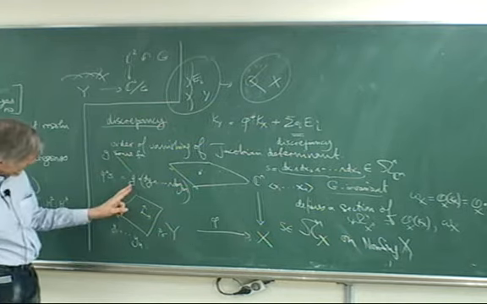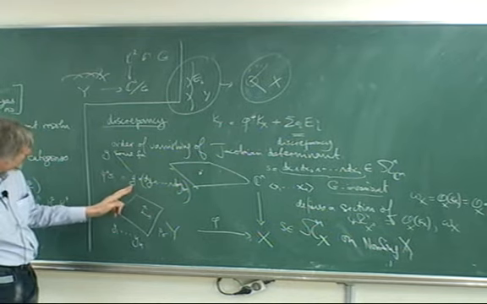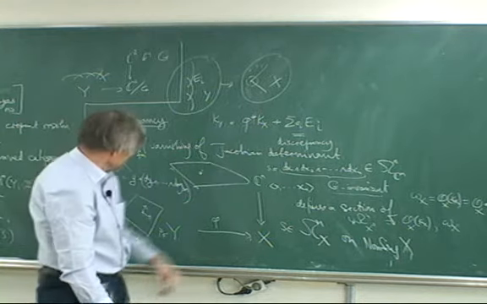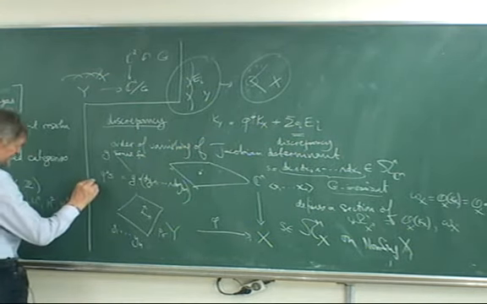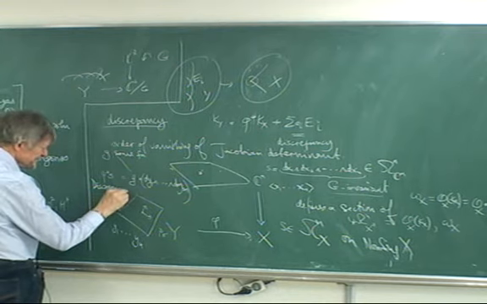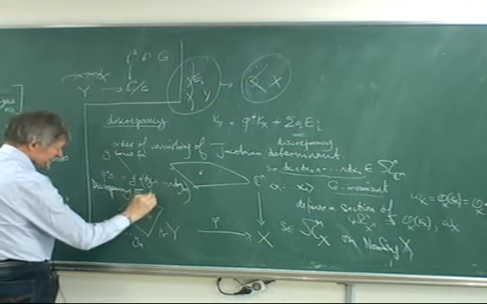But this g might vanish, and this discrepancy divisor is the divisor of g.